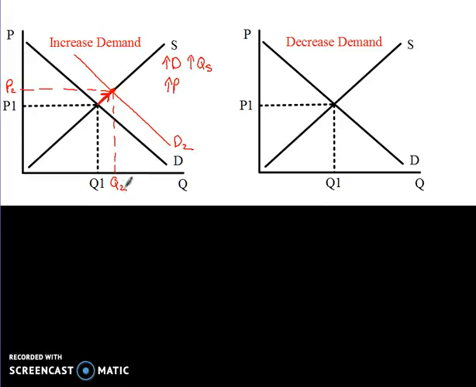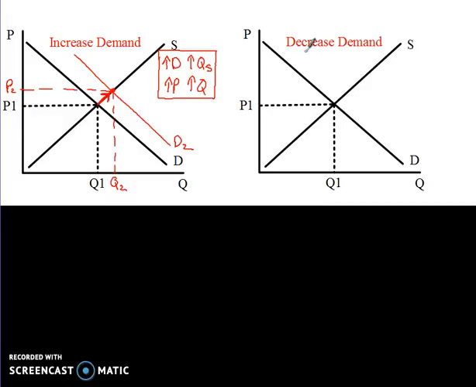And over here the quantity increased from Q1 to Q2 going to the right. So we had increased quantity. So those are the 4 things that we can say. When you get an increase in demand, the demand curve will shift to the right, and that will cause these 4 things to happen. Increased demand, increased quantity supplied, increased price, increased quantity. Okay? Those are the 4 things that can happen.